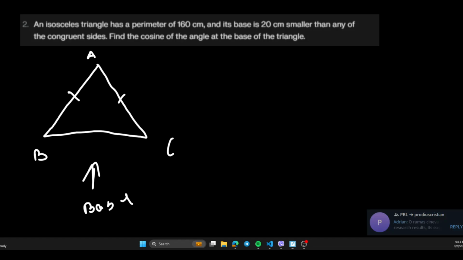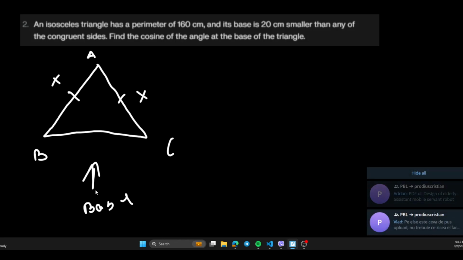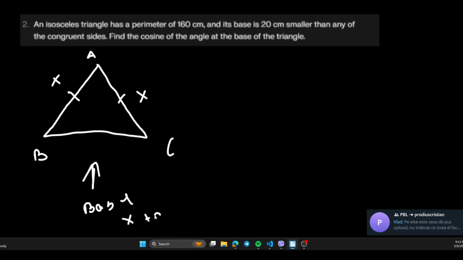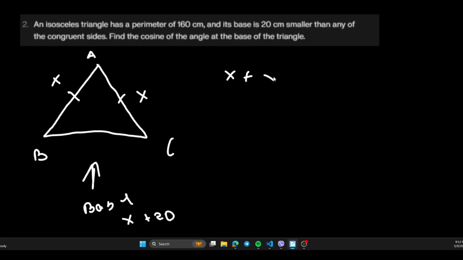This one's very easy because the base is 20 centimeters smaller than any congruent side, and it all adds up to 160. Just note each congruent side as x, and the base is x minus 20.